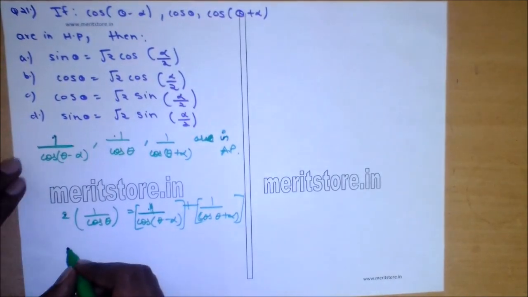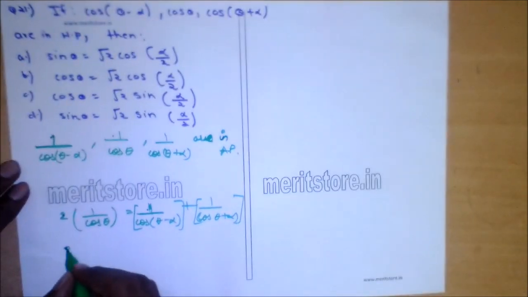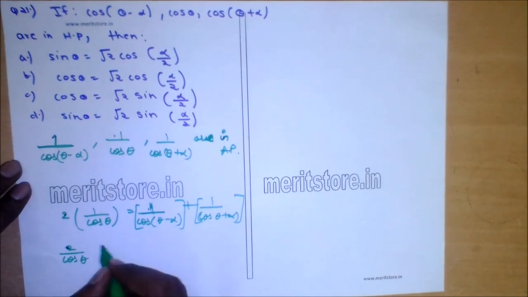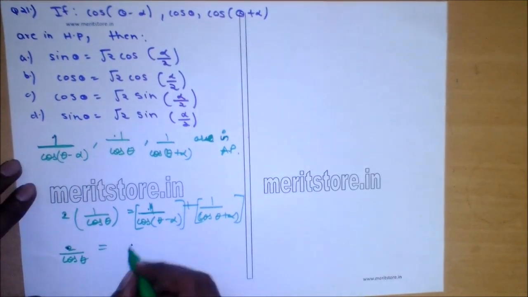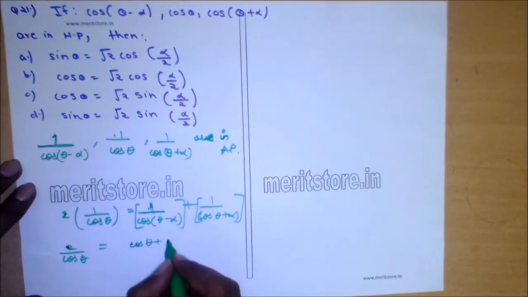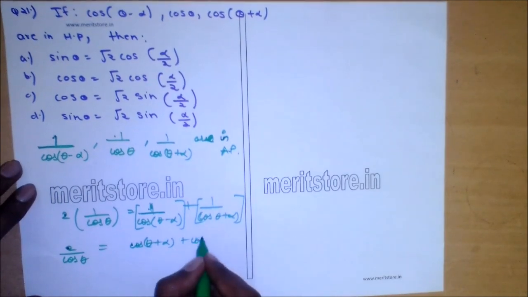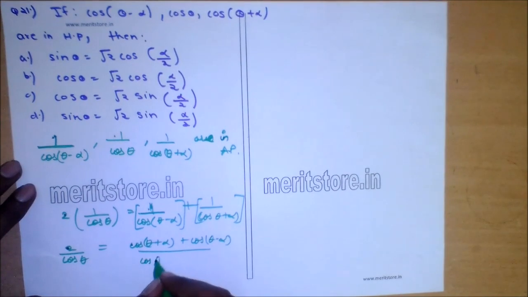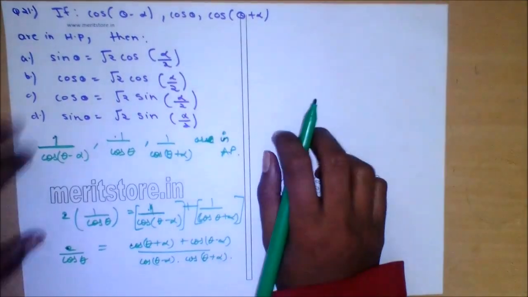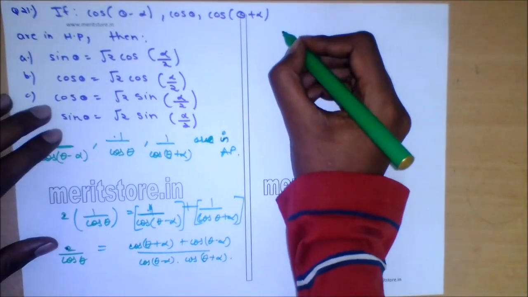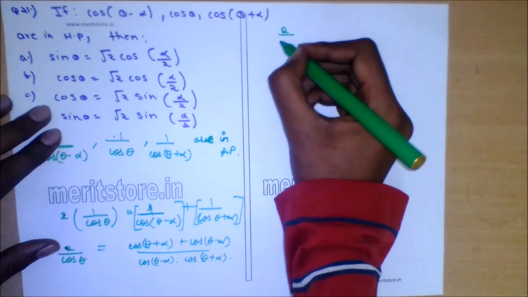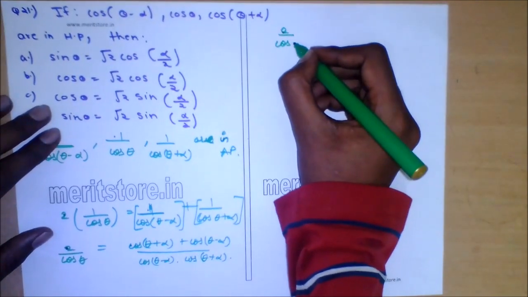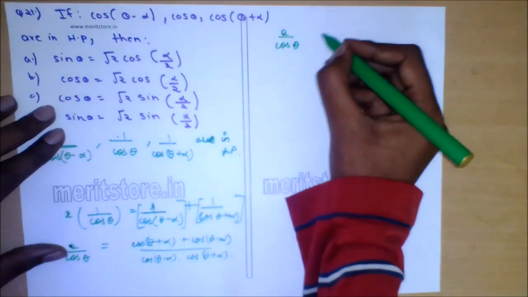This can be simplified as 2 upon cos theta equals, we cross multiplied, so we get cos theta plus alpha plus cos theta minus alpha upon cos theta minus alpha into cos theta plus alpha.